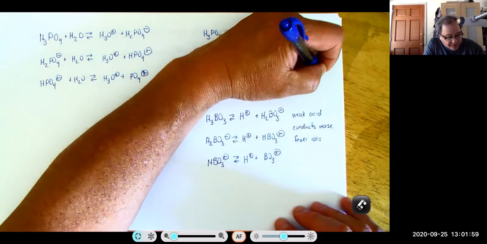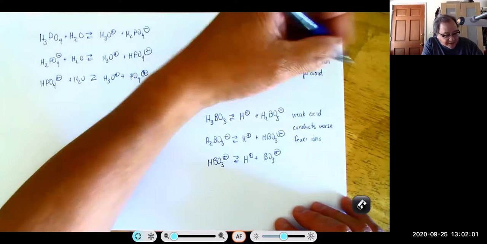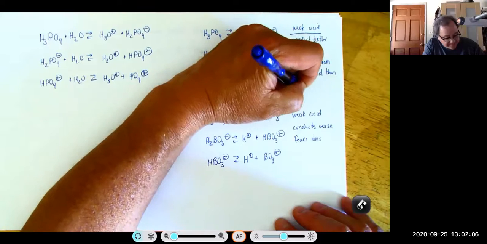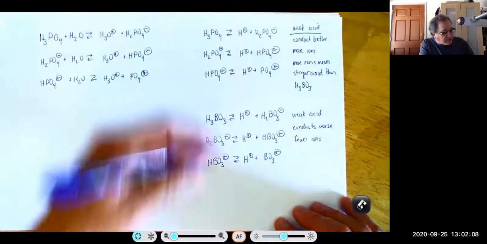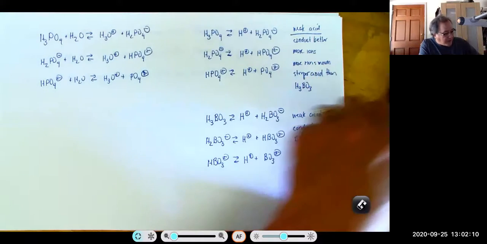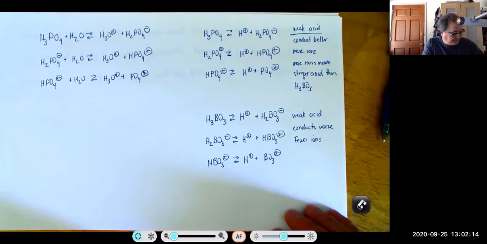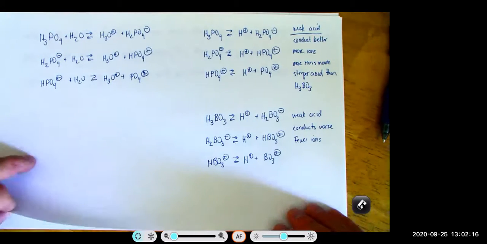Not a strong acid, because we already said it's weak. It's a stronger acid than what the boric acid is. So what I'm trying to show you here is that you don't need to write it out completely like this to come to the same conclusion. That's all. It's handy.